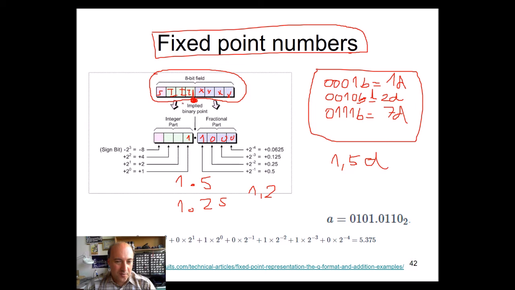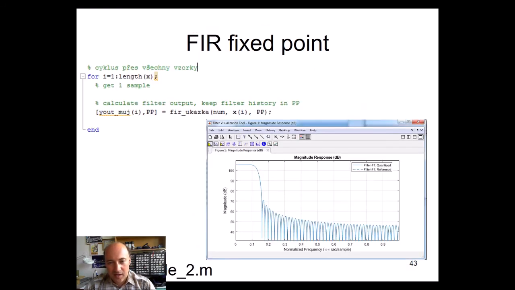The algorithm will be exactly the same, as you will see, but we need to remember that this will give us the decimal point, and this will be the integer part, and this will be the fractional part. Let me show you what I mean by this.